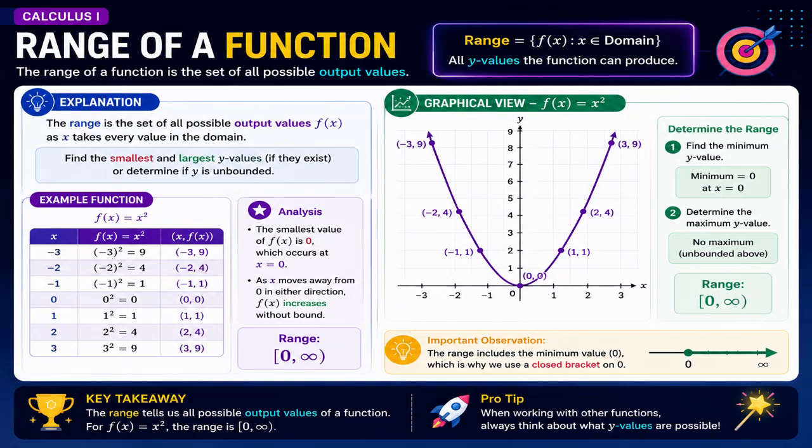The smallest output is 0, which occurs when x equals 0. Therefore, the range consists of all real numbers greater than or equal to 0. Finding the range is often more challenging than finding the domain, but it is equally important.